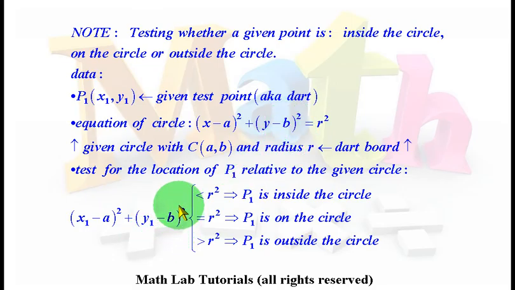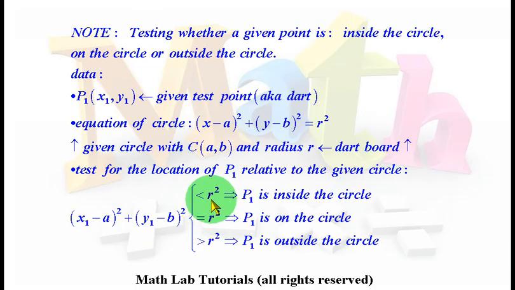Now, when we plug in these numbers and crank out this sum of squares, three things can happen. It's either less than r², and we conclude that P1 is inside the circle. It could be exactly equal to r², and we conclude that P1 lies right on the circle. Or it could be greater than r², in which case P1 is outside the circle.